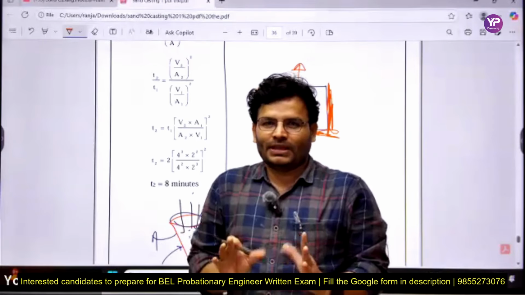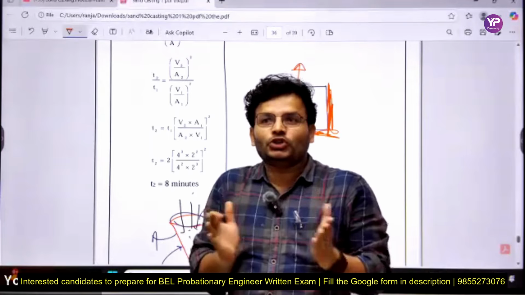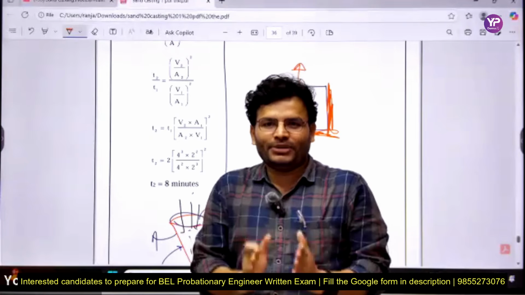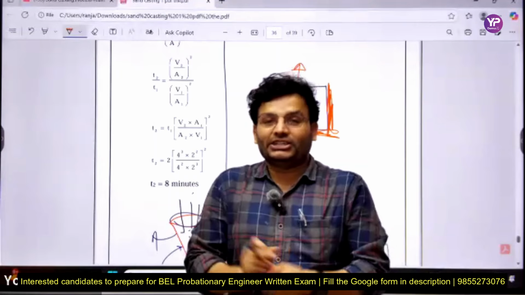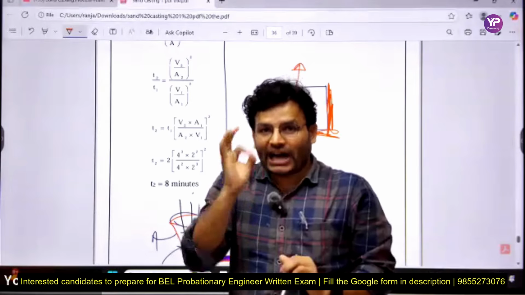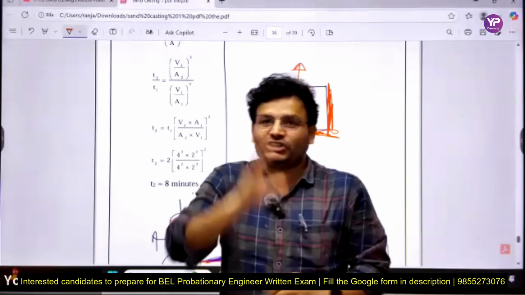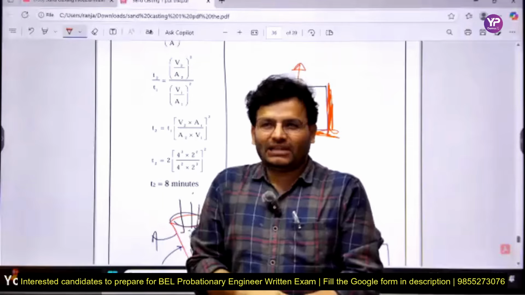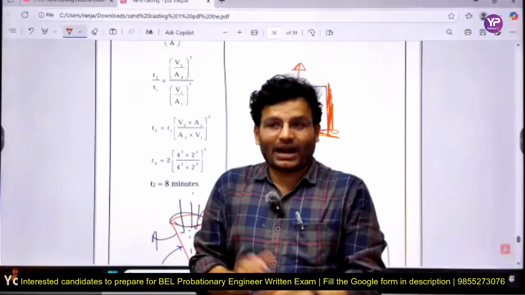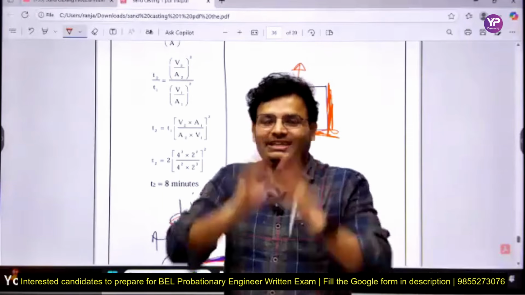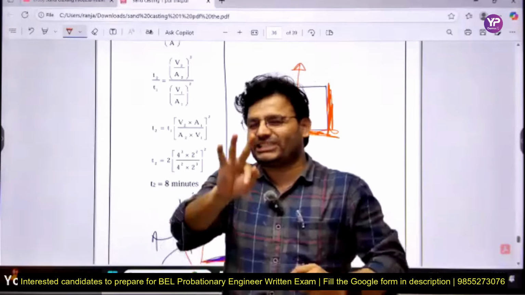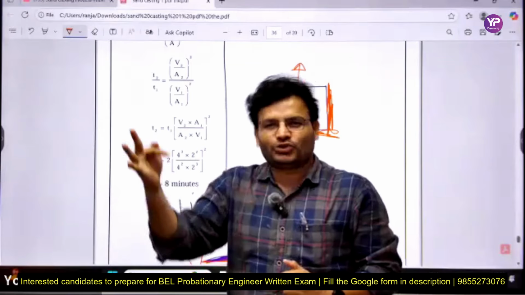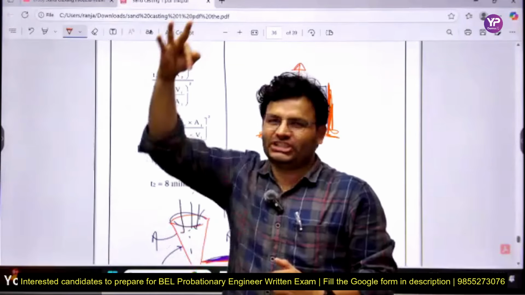Tell me everyone, anything which solidifies from liquid state to solid state, its volume always decreases. There are a few exceptions, like water freezing, where the volume increases. Only a few exceptions you have to remember, in which volume increases during solidification.